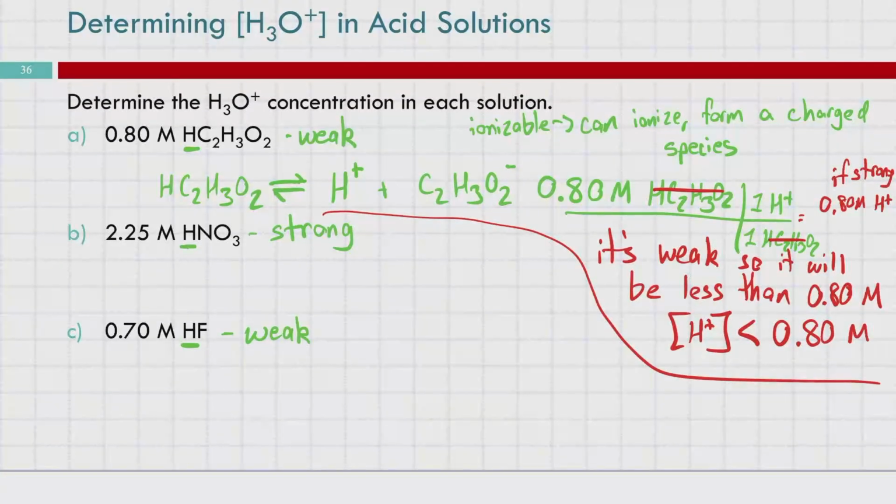For HNO3, it's a strong acid, so it completely dissociates. So if we wanted to write ourselves a little equation, it goes to H plus and NO3 minus. These are 1 to 1, and so the concentration is the same.